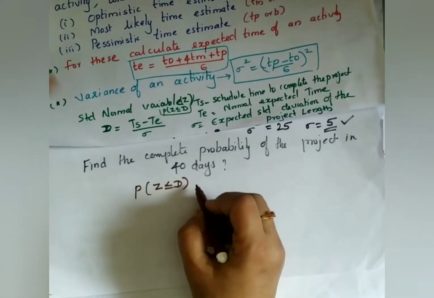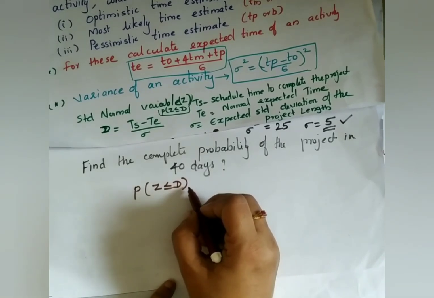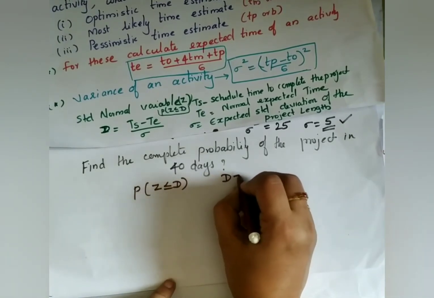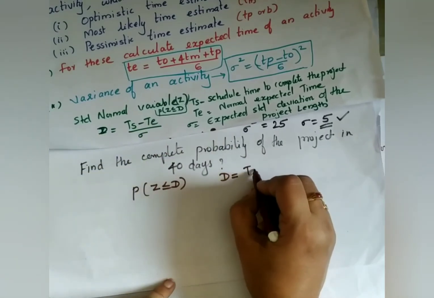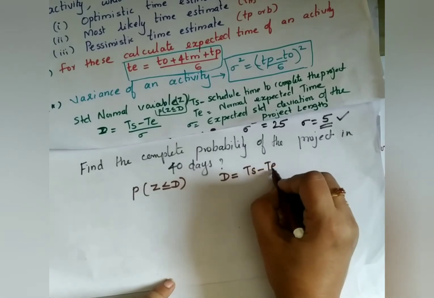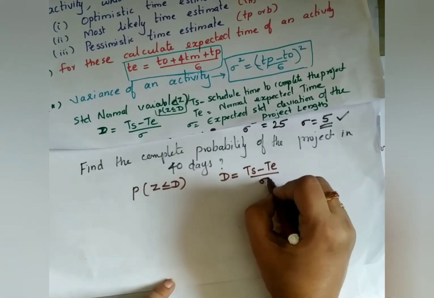What is this D? D is the duration. To find D, D equals Ts minus Te divided by sigma.